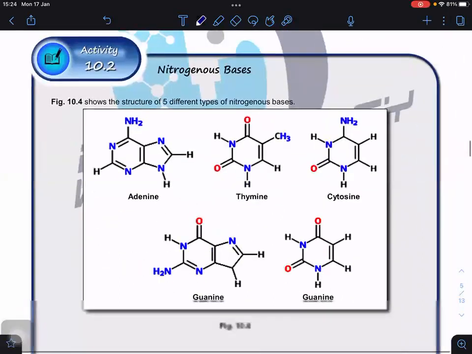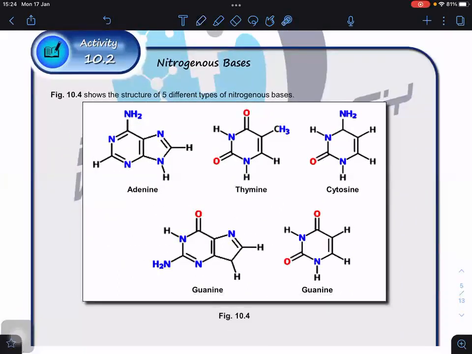In this structure, you can see the two-ring structures, adenine and guanine. My mistake, guys, this one is uracil, not guanine. Please change it. Uracil and thymine differ by one functional group. But do you need to remember the structure?